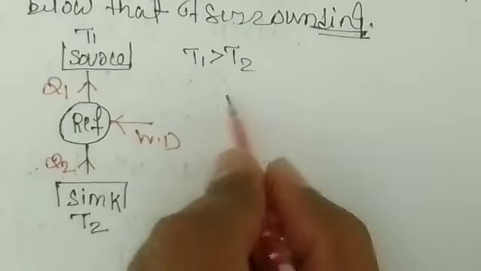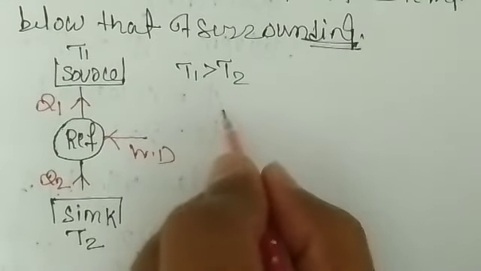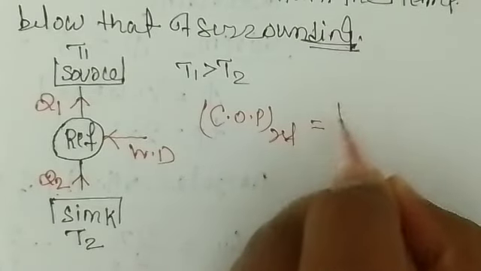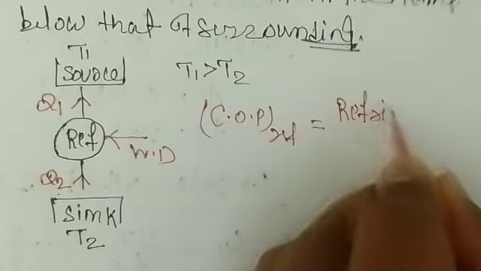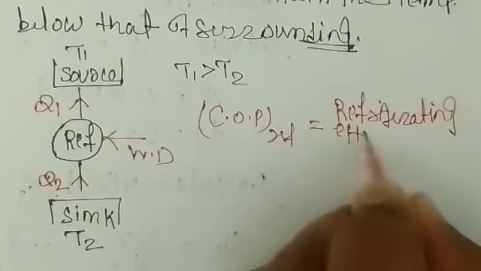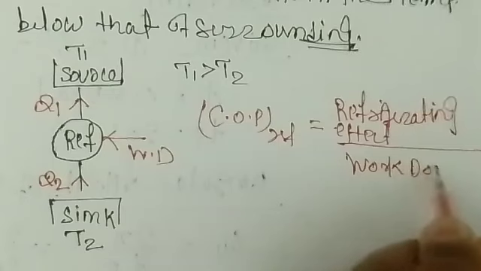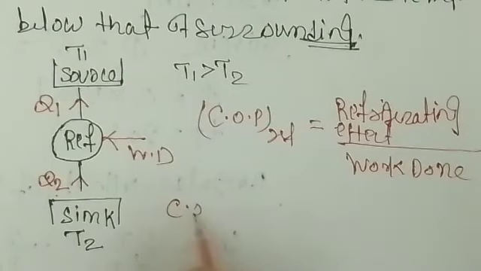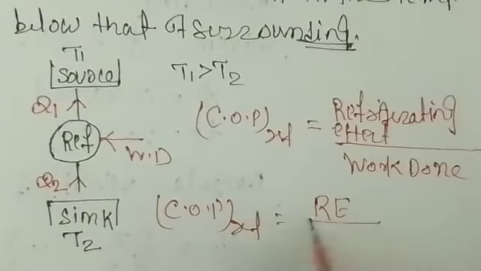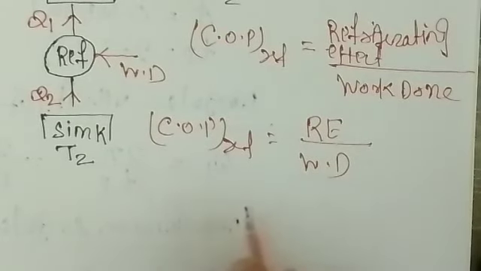Now the performance parameter of a refrigerator is also known as the COP, coefficient of performance. So COP of refrigerator is equal to the refrigerating effect by work done, or in short, refrigerating effect RE by work done WD. So what is the refrigerating effect?